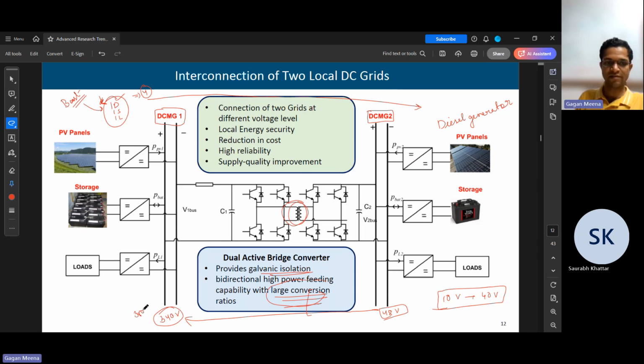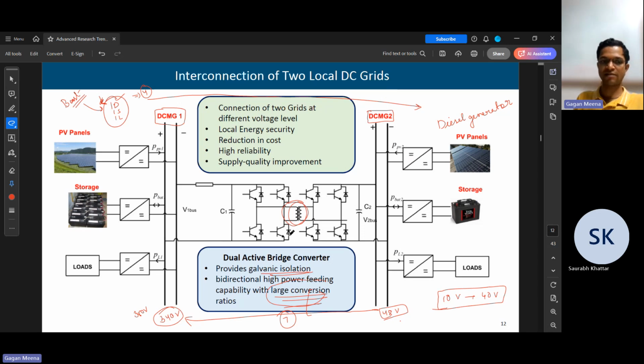Let's say this is 350 approximately, and 50, then it is approximately 7. Conversion ratio of 7. And a boost converter cannot provide us that type of conversion ratio. We need to go for other types of converters, push-pull converter, choke converter, and all that. And dual active bridge is another one.